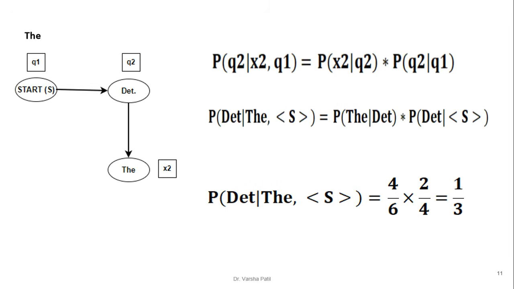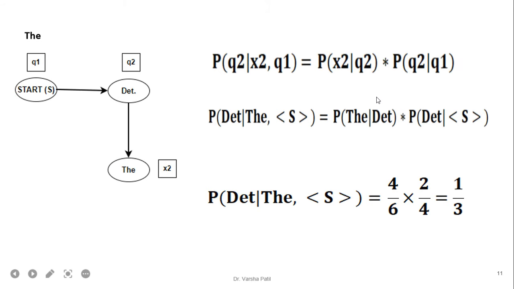So we will simply calculate the probability. Now probability of Q2, this is a common formula. Probability of Q2 given X2 and Q1 is equal to probability of X2 given Q2 into probability of Q2 given Q1. This is the bigram formula and this is nothing but the naive Bayes formula. Probability of determiner given the word and the start of the sentence is nothing but the multiplication of emission probability and state transition.